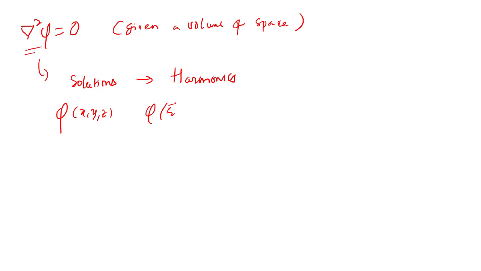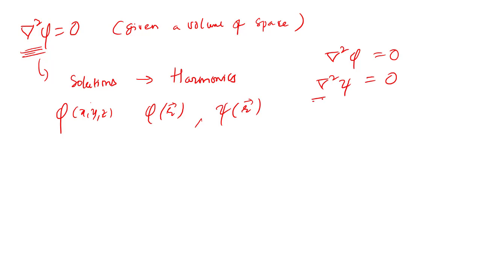in general phi of r is a solution to this equation, and let's say even psi of r. These are two solutions, let's say, that satisfy del squared phi equal to 0 and del squared psi equal to 0.